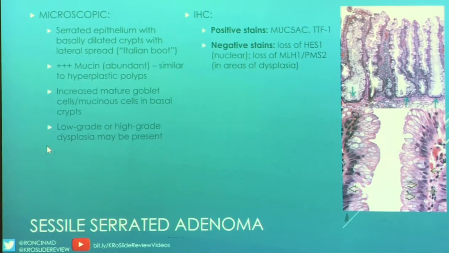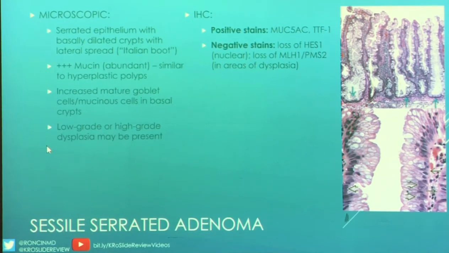They can have low-grade or high-grade dysplasia, so if that is present, you would have to comment on that, and it would be something like sessile serrated adenoma with low-grade dysplasia, or low-grade dysplasia arising in sessile serrated adenoma, etc.